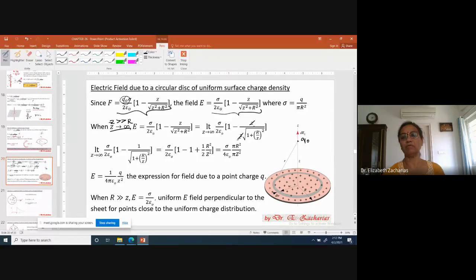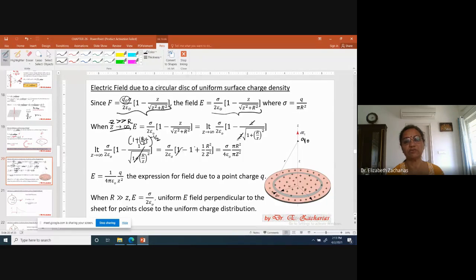And then look at what you're going to get here. 1 plus R by Z when Z is much, much greater. For that, instead of writing 1 by under root of 1 plus R by Z square, you write it as 1 plus R by Z square whole thing to the power of minus half, and then do a binomial expansion of this. So you get 1 minus 1 plus half R square by Z square.